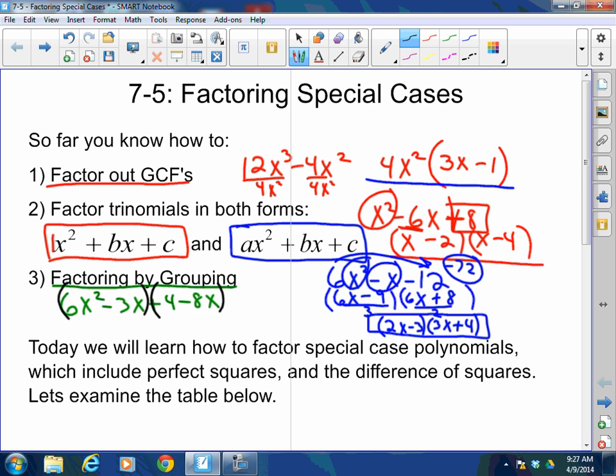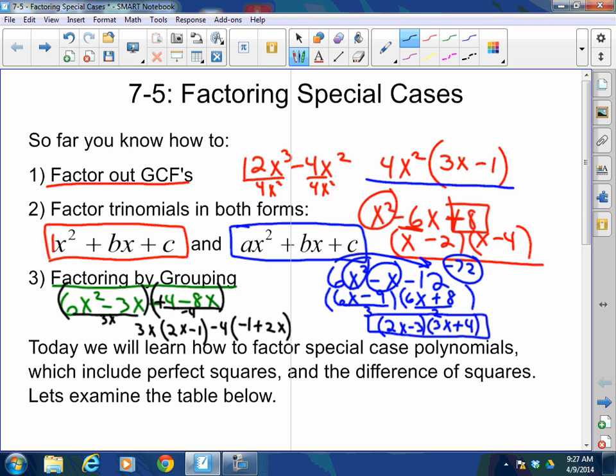Literally, I group them. That's a plus. I factor out of here a 3x, so I'm left with 3x times 2x minus 1. Now, from the second binomial, I want to make it a 2x minus 1. What must I divide from here to make that negative 8x turn into a positive 2x? A negative 4. Very good. So I pull out a negative 4, and I'm left now with negative 1 plus 2x.